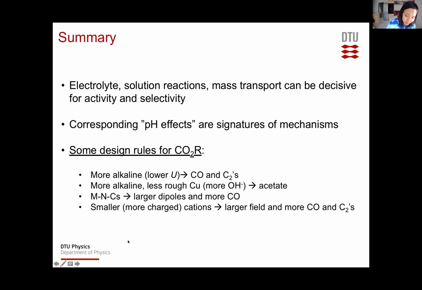And that we also have some design rules for electrochemical CO2 reduction, in that more alkaline is good, not always for the same reason, and that we can stabilize larger dipoles through looking at new materials such as single site catalysts, and that smaller cations are better for a stabilizing field.